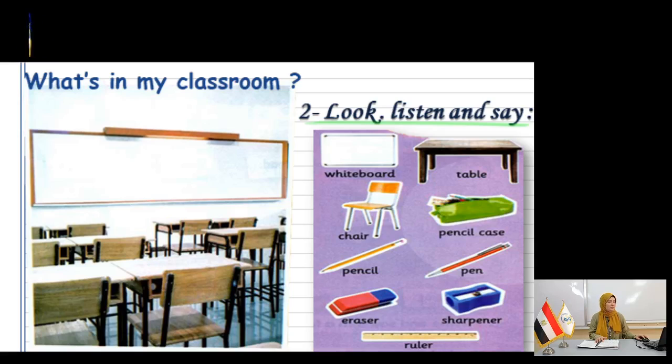Beside the pencil, a pen. An eraser. We said an with eraser because it starts with a vowel. A sharpener. The last one is a ruler.